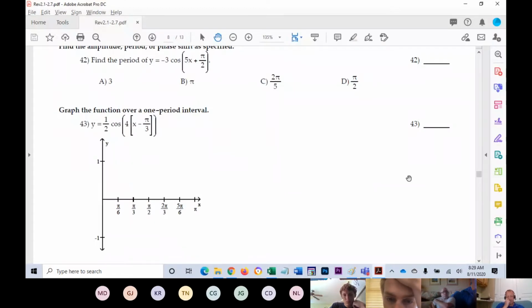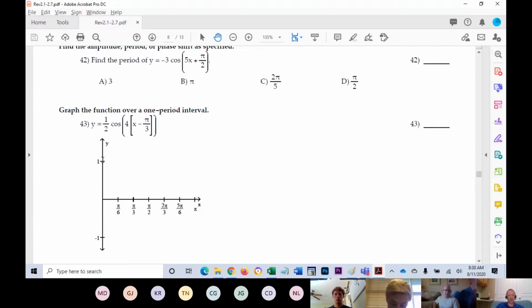Now, what would be the next thing to look at? Amplitude. So it would go a half, because isn't the first number, the half cosine, the amplitude? So the amplitude's only going to go up to half.